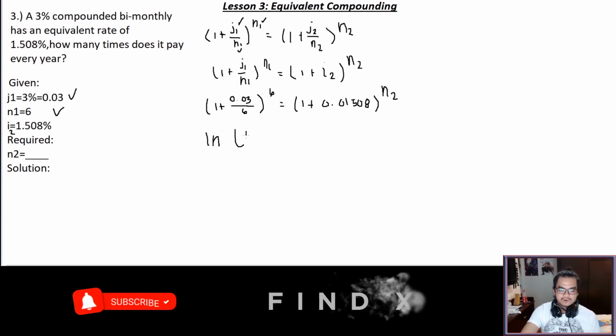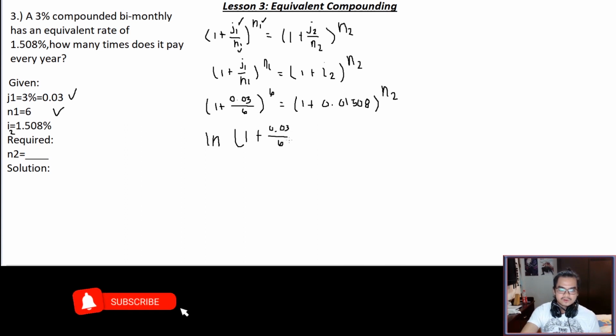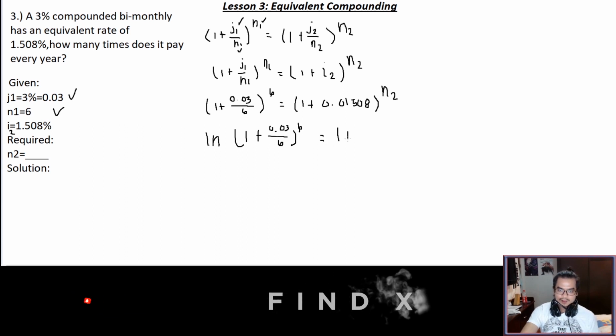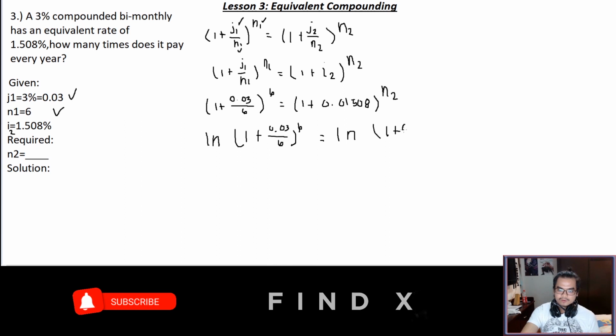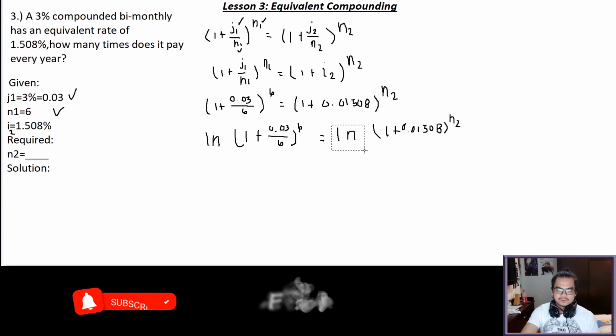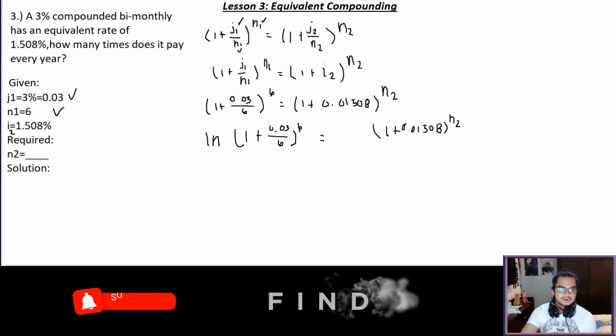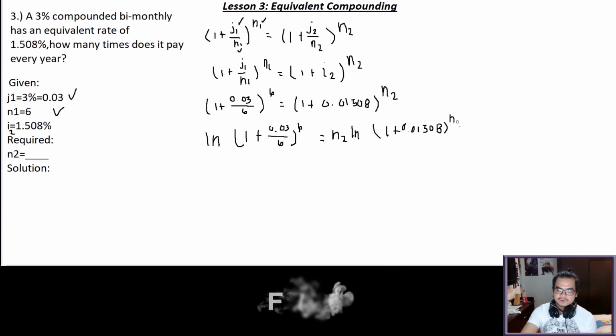So ln of 1 plus 0.03 over 6 raised to 6 equal to ln of 1 plus 0.01508 raised to N2. But again, this N2 can go down here, right? So putting that N2 here, this will become N2 ln, right? So this N2 will now be erased.